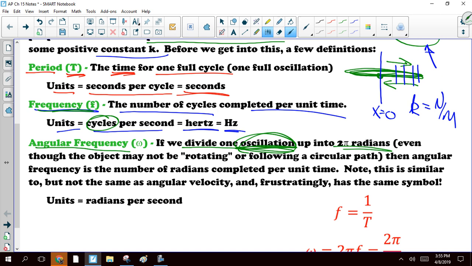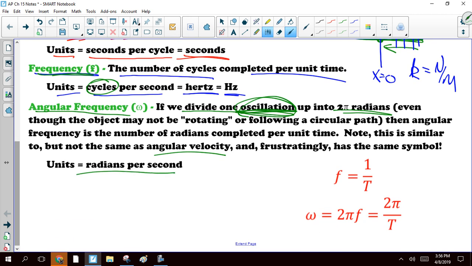Even though the object isn't necessarily rotating or traveling in a circle, we can still take this oscillation and divide it up evenly into 2 pi radians. So every one cycle is 2 pi radians, and angular frequency is the number of radians completed per unit time. Notice it's similar to, but not exactly the same as, angular velocity. We'll talk more about that distinction in the next video. The units for angular frequency are simply radians per second.